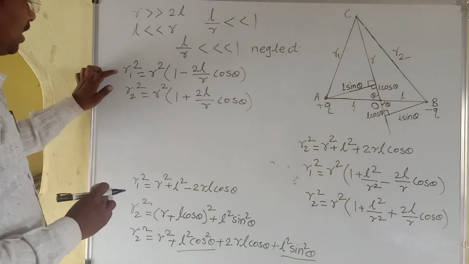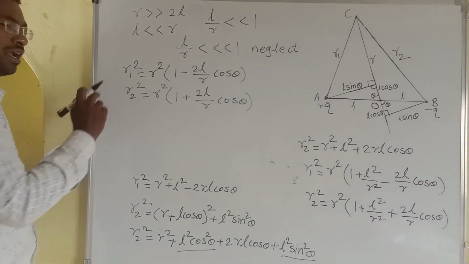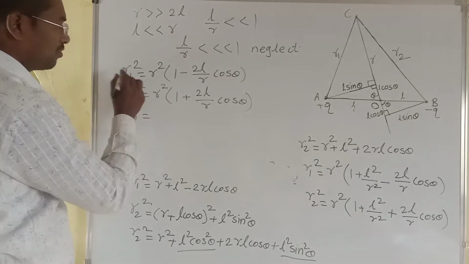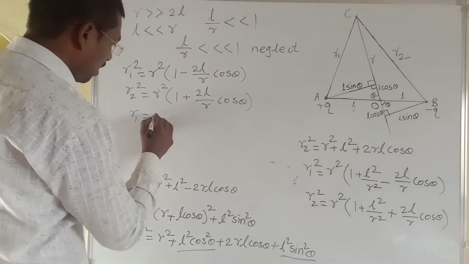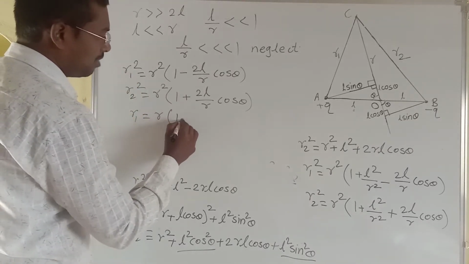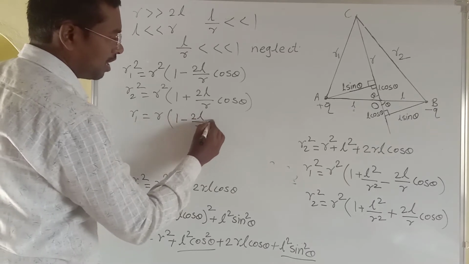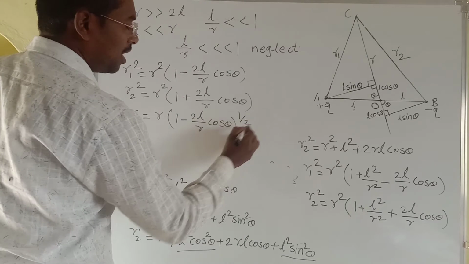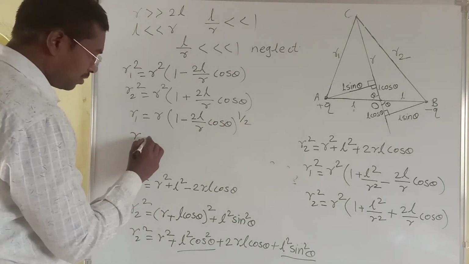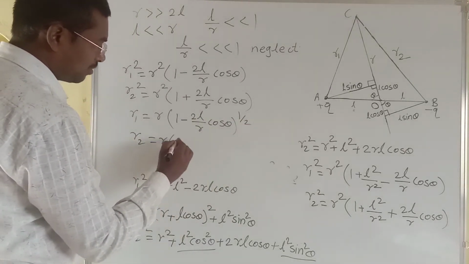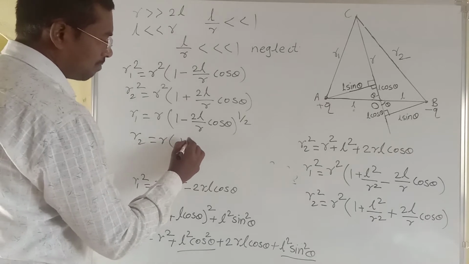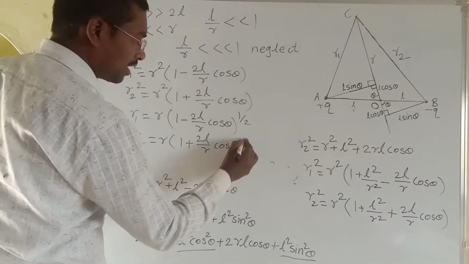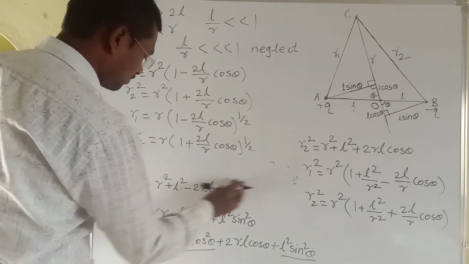Here take the square root of this R1 square and R2 square. So we get R1 is equal to R into bracket 1 minus 2L upon R into cos theta bracket raised to 1/2, and R2 is equal to R into bracket 1 plus 2L upon R cos theta bracket raised to 1/2.